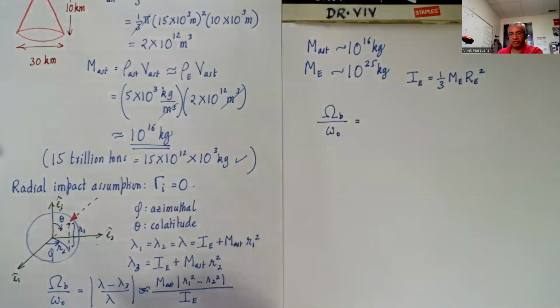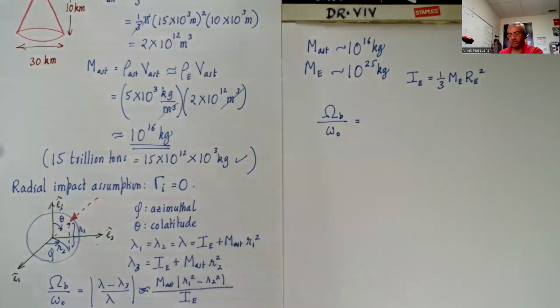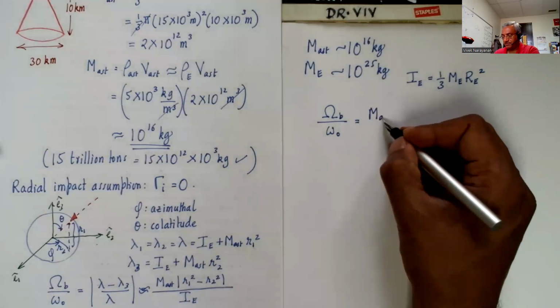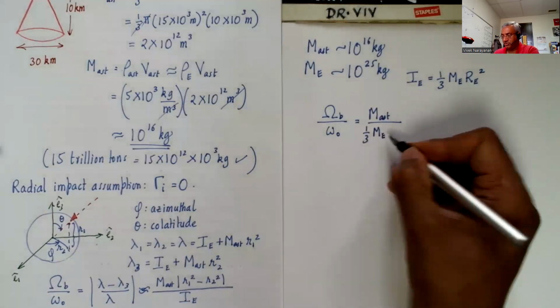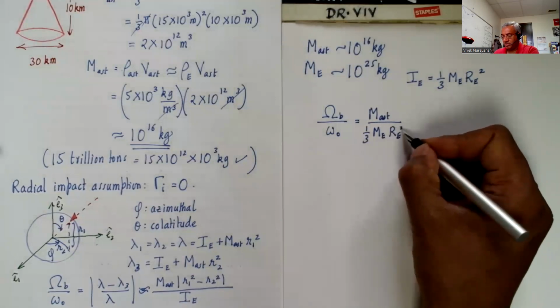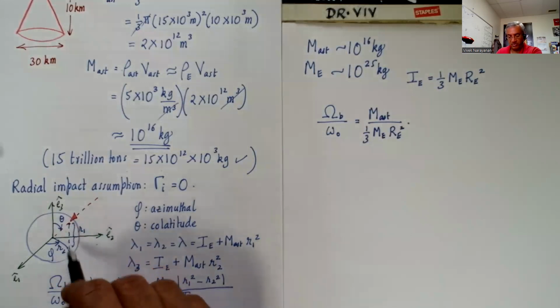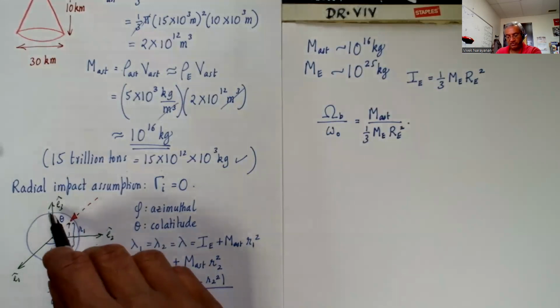So omega b, the wobble frequency over the Earth's nominal rotational frequency, is going to be m asteroid divided by 1/3 m_E r_E squared. Now R1 is, looking at this triangle, R_E cosine theta because it's the adjacent side of this triangle.